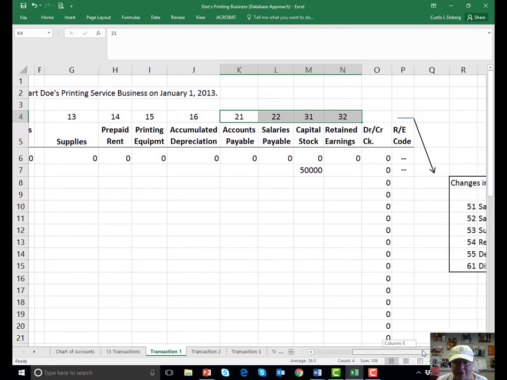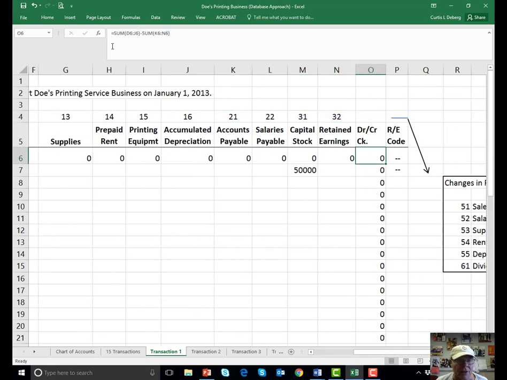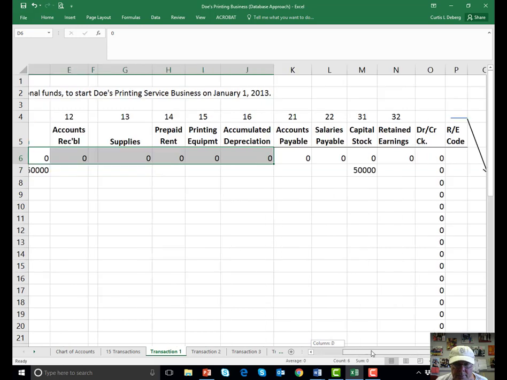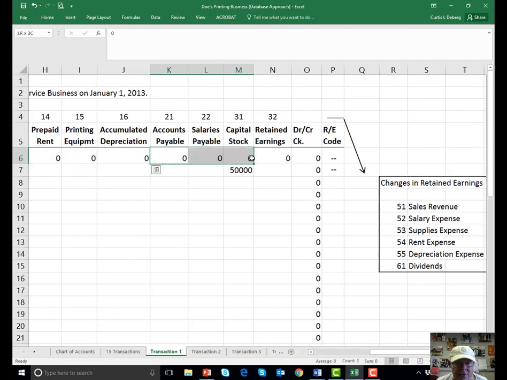And check this out. All changes in left in our assets, which start here at D6, all the way through J6, would be subtracted from K6 through N6. And there's our formula, and that should be 0.